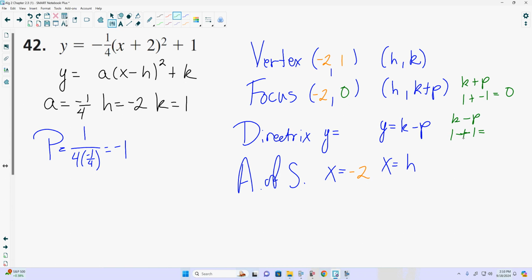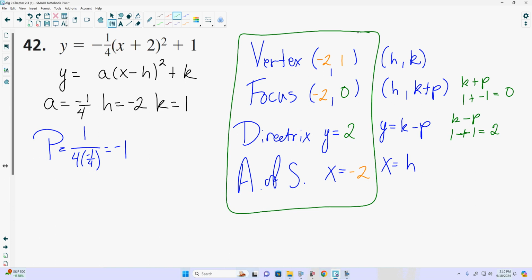Well, our negative negative makes a plus. So y equals 2. That's it. Questions on any of this here? We ready for the next one?